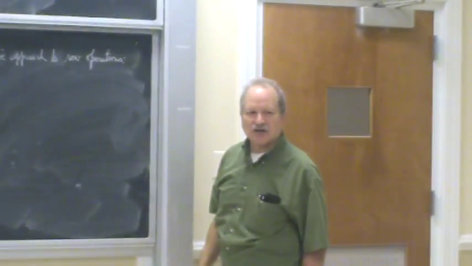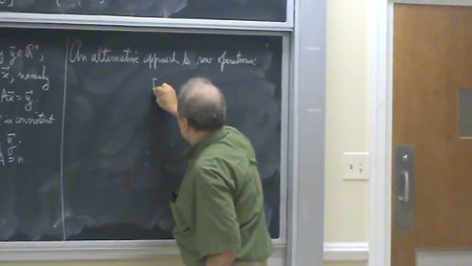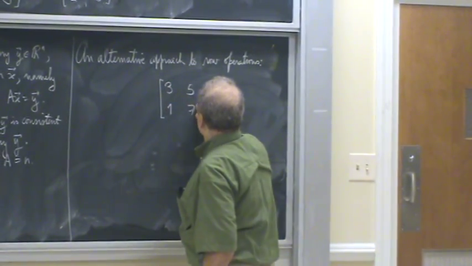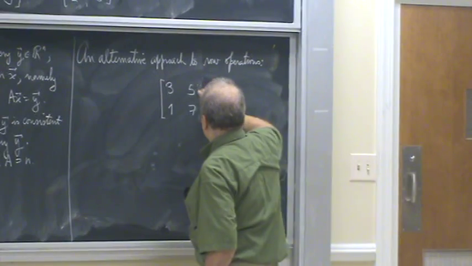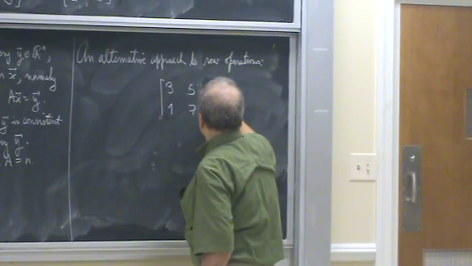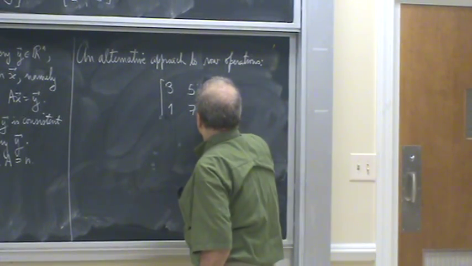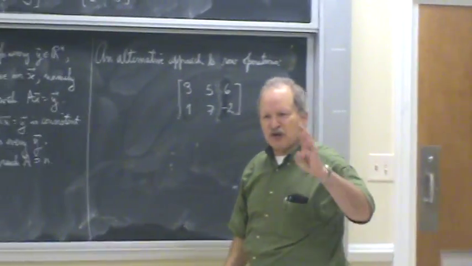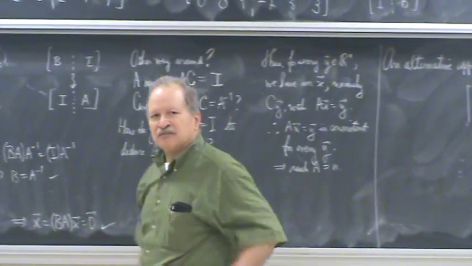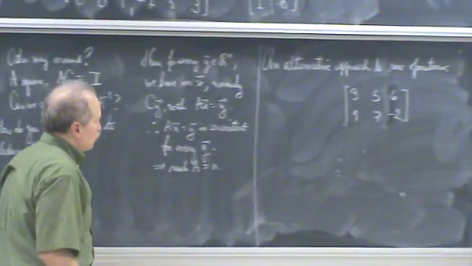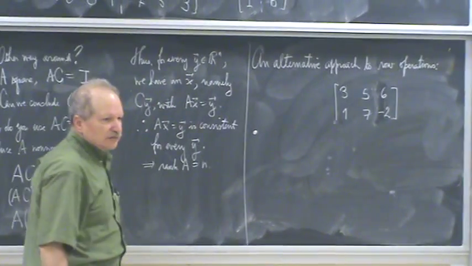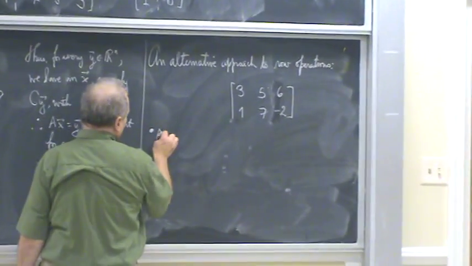I want to think about taking a matrix, for example, and let's not have it be square. And suppose I wanted to do, we have three kinds of row operations. What kinds of row operations are there? Switch rows.